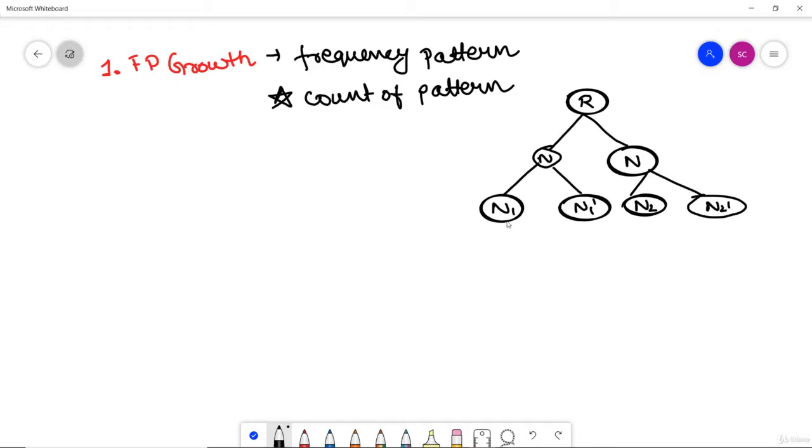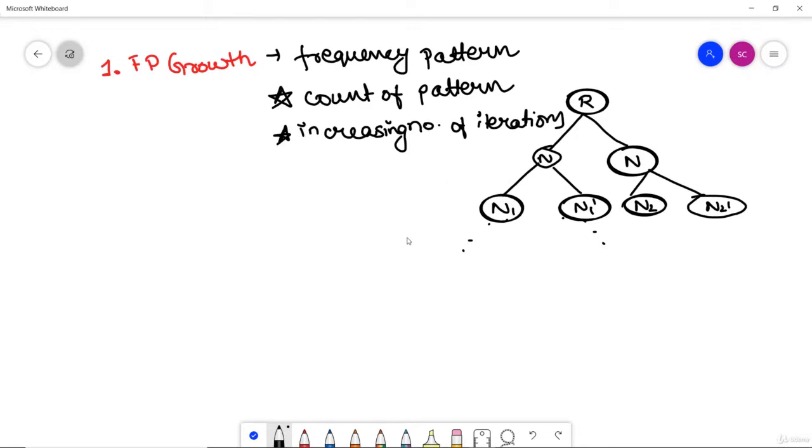So it counts the frequency of the pattern. Let's say if this is further elaborated, it counts and then calculates which items are needed for the support. This is a much faster algorithm, and here support is calculated and checked on an increasing number of iterations.